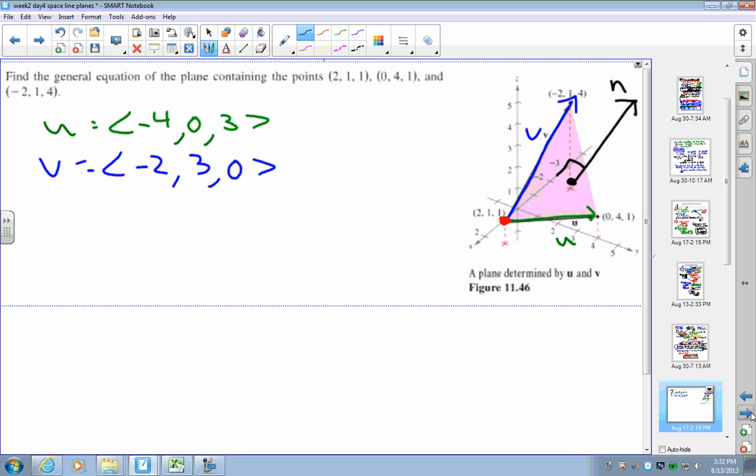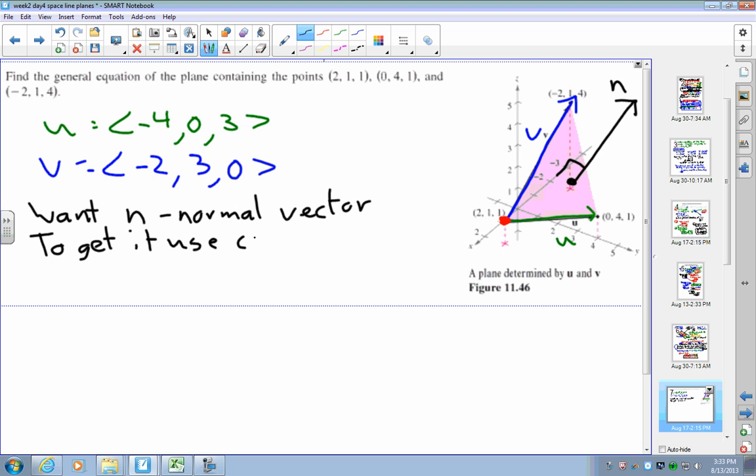Okay? So I want n, which is my normal vector. So to get it, use cross product. We've got i, j, k, i, j.